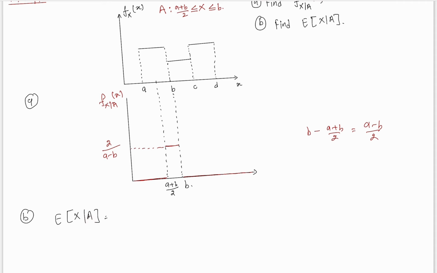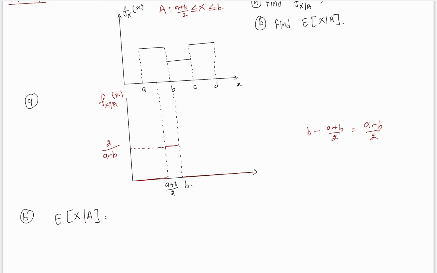So to find the conditional expectation, we are going to make use of the PDF that we have under this given event A.